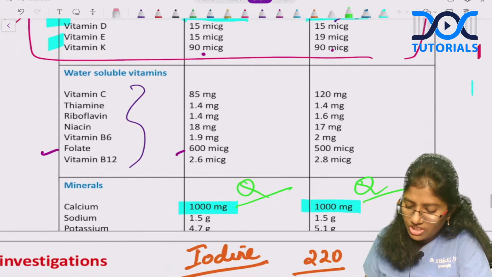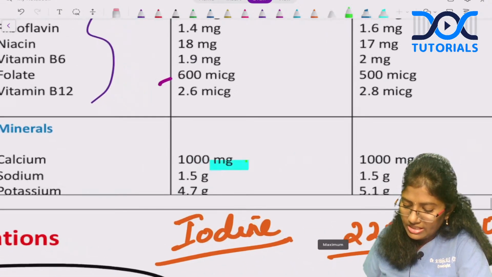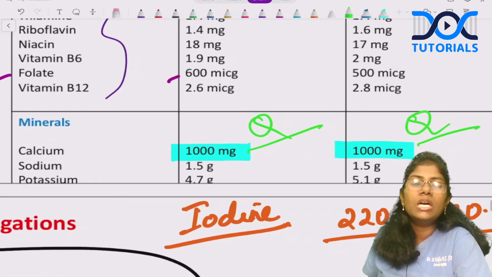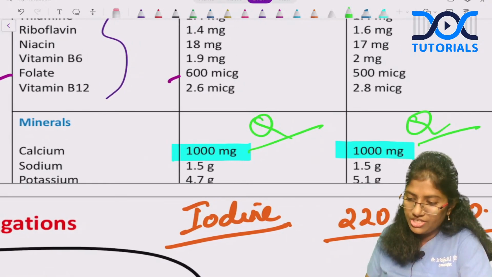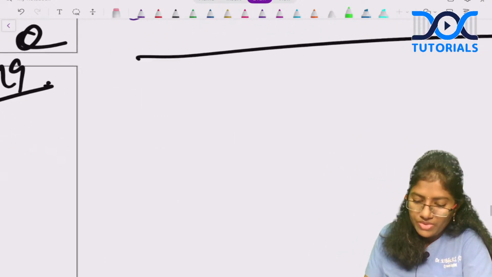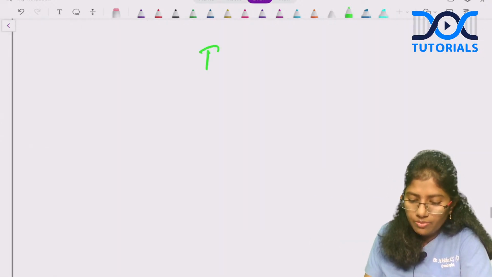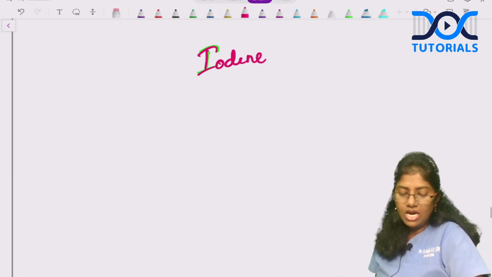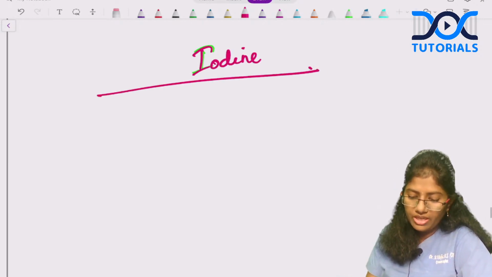One important point is the iodine requirement during pregnancy and lactation. Very important MCQ. What is the iodine requirement during pregnancy?